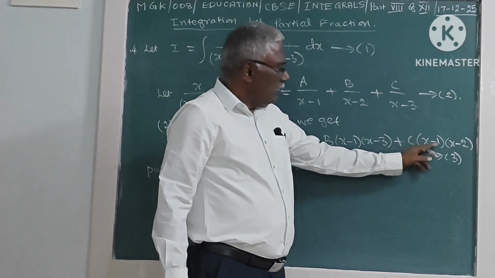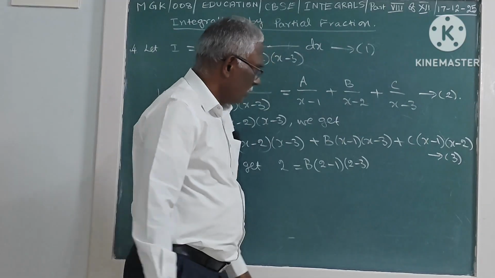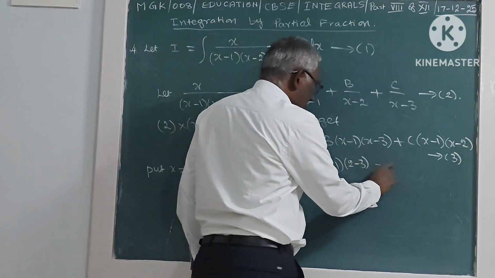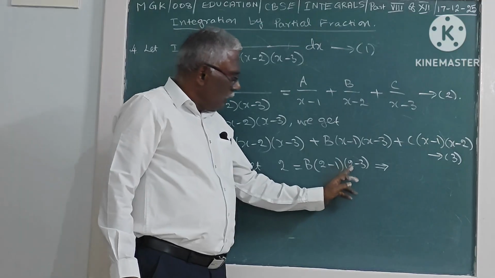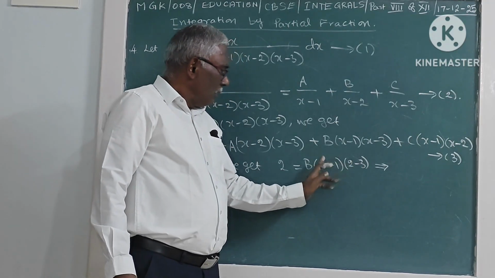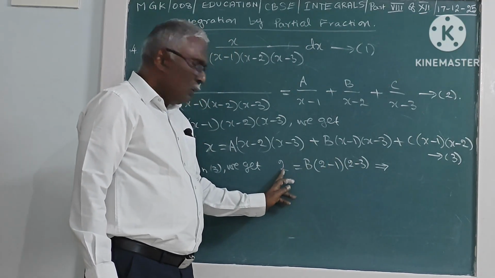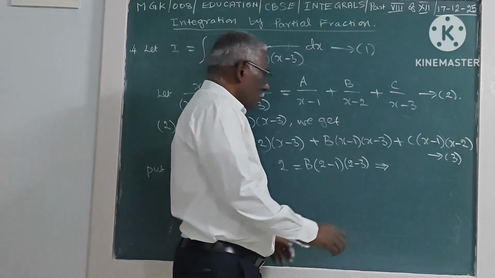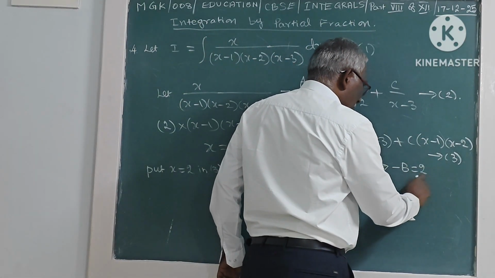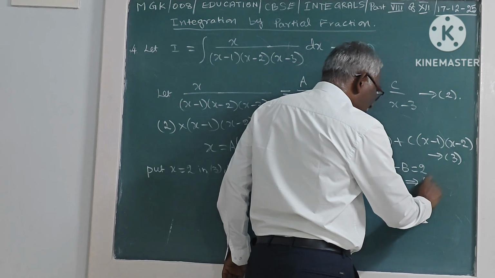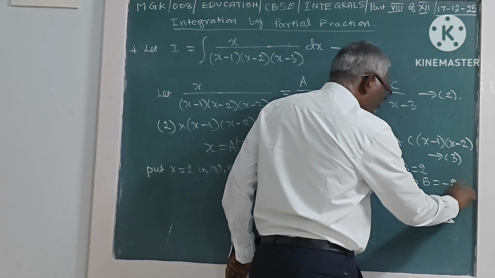The C term will become 0. So 2 minus 1 is 1, 2 minus 3 is minus 1. So minus B is equal to 2. This gives the value of B is equal to minus 2.